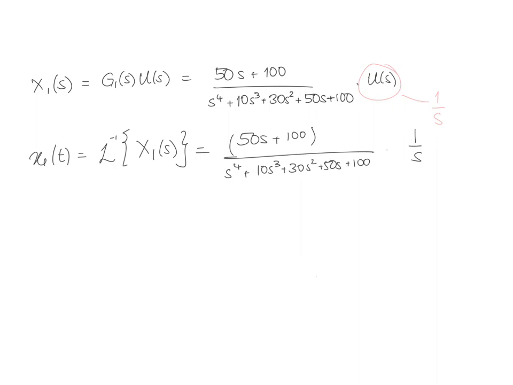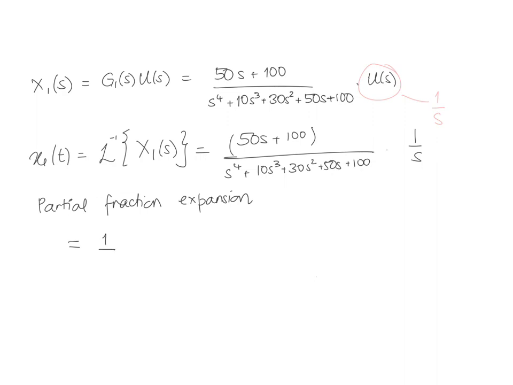The way to find this Laplace inverse is to do the partial fraction expansion. Like I said before, I'm not going to work out the whole thing, but I'd like to show you what form it takes, which will work out to something like this.